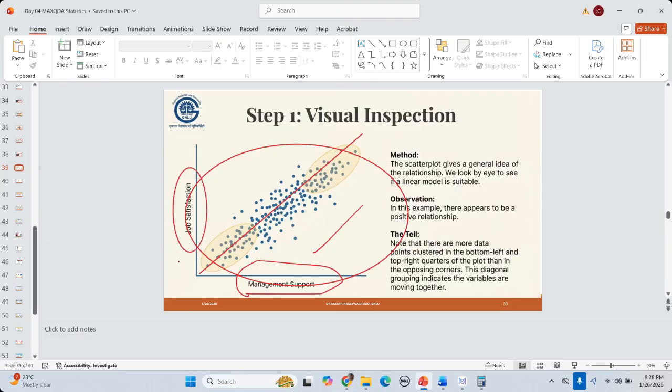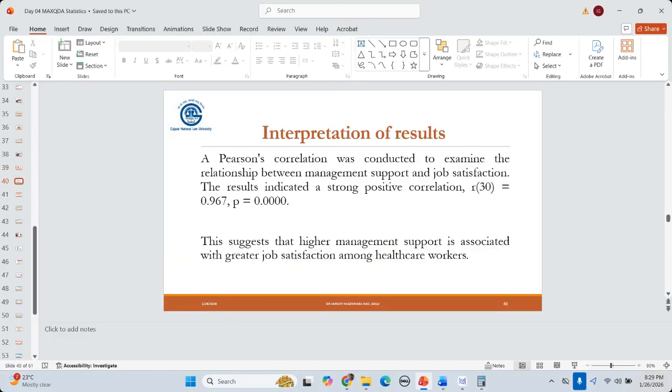Job satisfaction is 1 to 10. Management support, we have 1 to 5. It means if somebody is saying that management is supporting up to 5, what about the job satisfaction level, right? So if one variable increases, is the other variable increasing or decreasing? The scatter plot gives us a general idea of the relationship. So we can see how, as one variable increases, the other variable also increases or decreases. That's why it is going to help us.